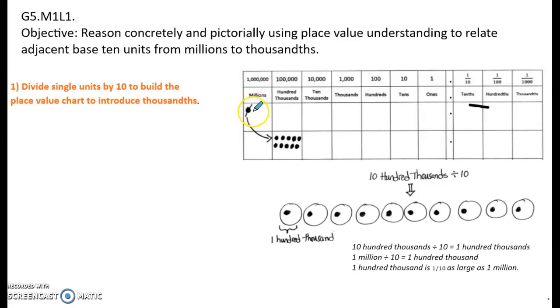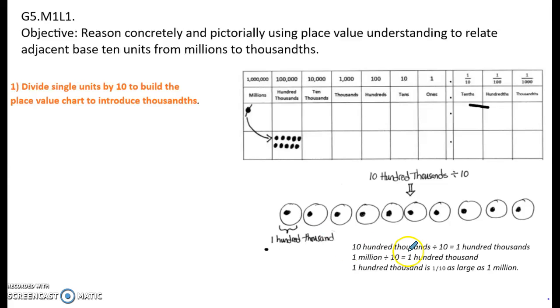1 million, if we were to rename it as hundred thousands, we will get 10 hundred thousands. If we then take those 10 hundred thousands and divide it by 10, we would be left with 100,000.